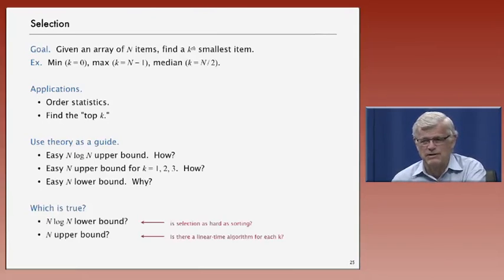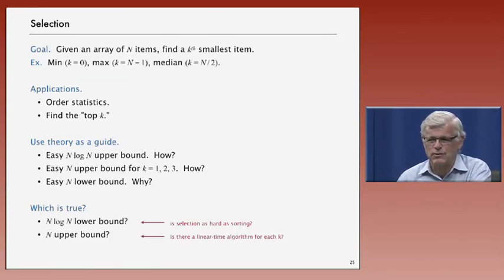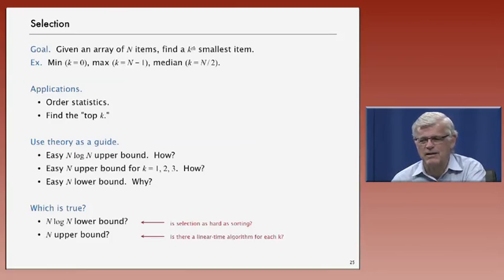But at this point, the question is, is there a linear time algorithm that works for every k? Or possibly selection is as hard as sorting? This kind of question plagued a lot of people in the late 60s, early 70s as these types of problems emerged for computing applications.